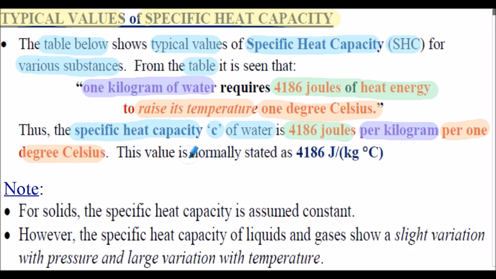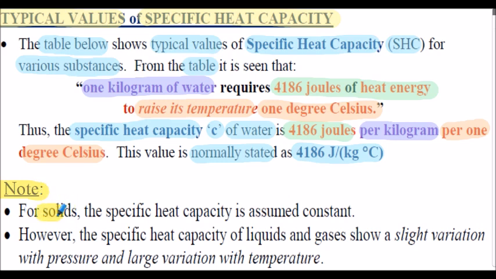So this value is usually written as 4,186 joules per kilogram per degree C, or of course we know can be written as joules per kilogram per K.